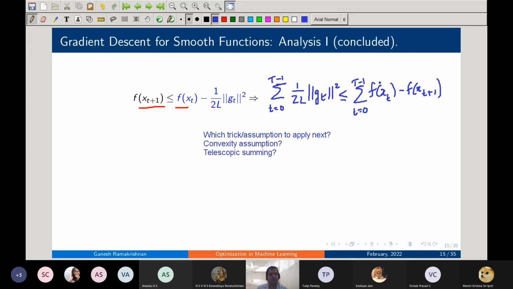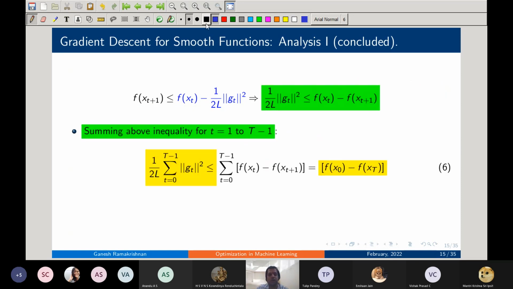So this is the trick I've gone for, telescopic summing. Let's see what happens. Oh, there's a small mistake here: summing the above inequality for t equals 0 to capital T minus 1. As expected, everything gets cancelled out. You'll have f of x_0 minus f of x_1 plus f of x_1 minus f of x_2, which is exactly the reason we invoked telescopic summing.